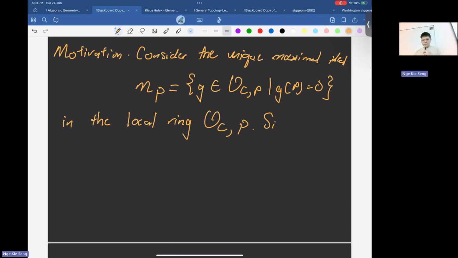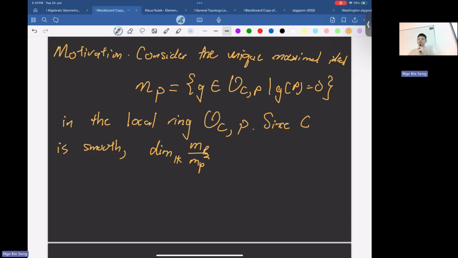Since this is smooth, what we see is the dimension of M_P over M_P squared. Do you remember M_P over M_P squared? This is the Zariski cotangent space. But this space is smooth, meaning what?